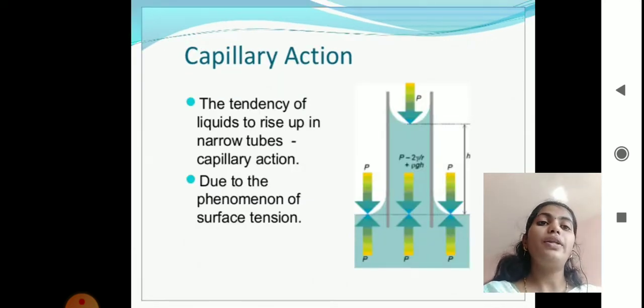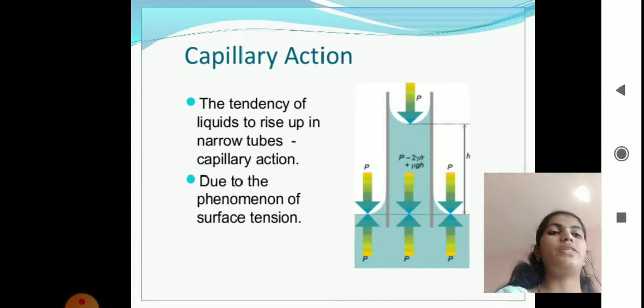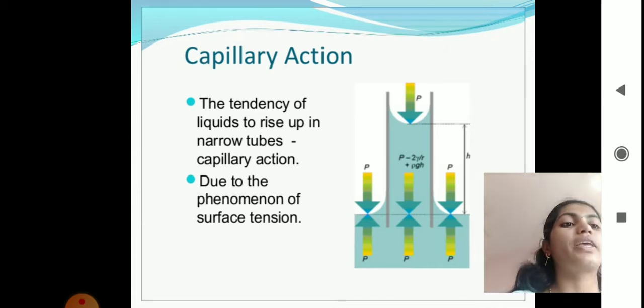Now, capillary action. Capillary action is the main part of surface tension. It means why surface tension is observed: it is because of capillary action, or why capillary action is observed: because of the surface tension. Surface tension is one of the actions of capillarity.